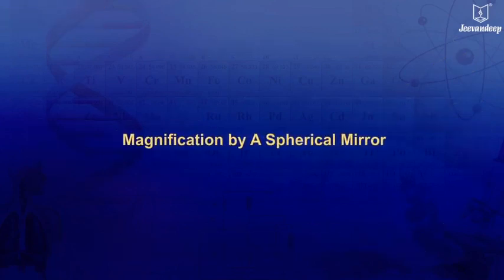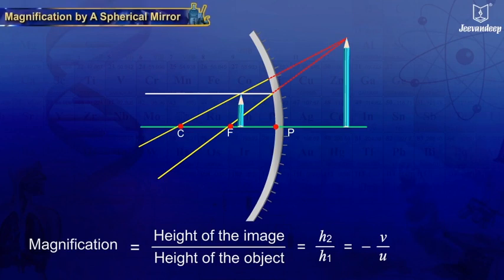Magnification by a spherical mirror. Magnification produced by a spherical mirror is expressed as the ratio of the height of the image, h2, to the height of the object, h1. It gives the relative extent to which the image of an object is magnified with respect to the object size.